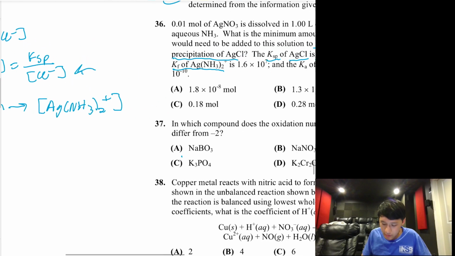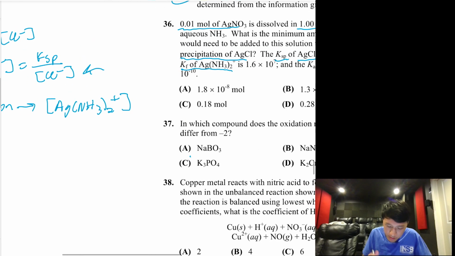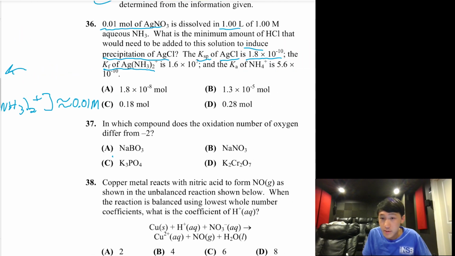And what this tells us is, because we added 0.01 moles of silver nitrate in 1 liter of solution, the concentration of this complex is approximately equal to 0.01 molar, because all of the silver is present as this complex.